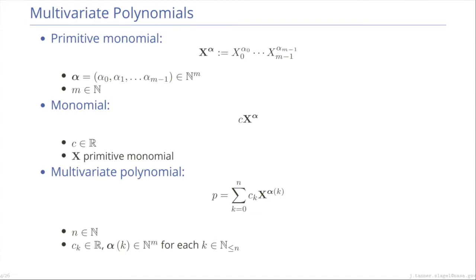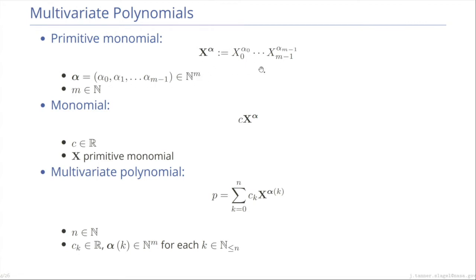Let's talk about a multivariate polynomial. To construct a general multivariate polynomial, you start with a primitive monomial, denoted with this boldface x raised to alpha. Alpha is a vector that corresponds to the exponents used for each of the separate variables.